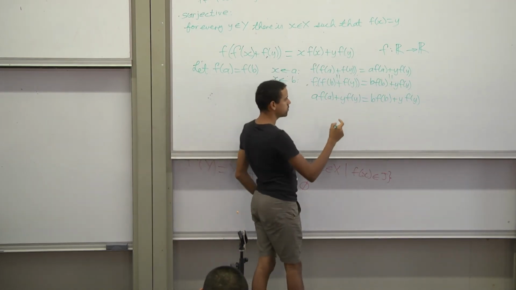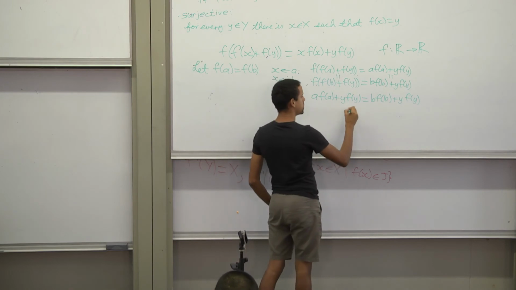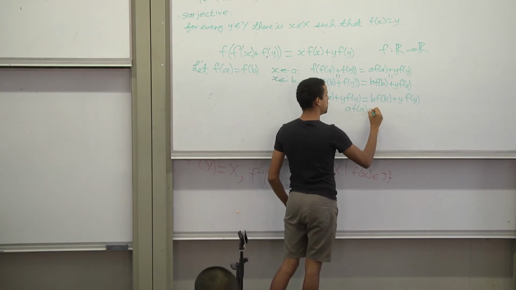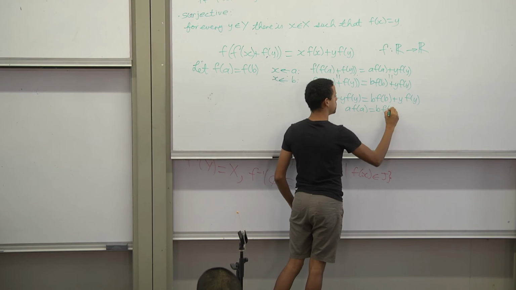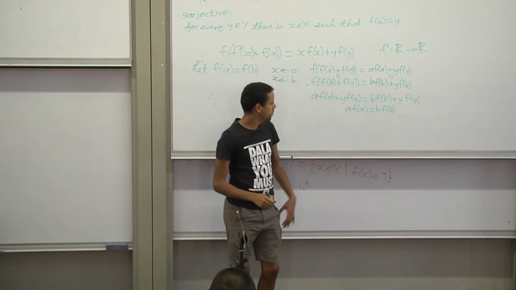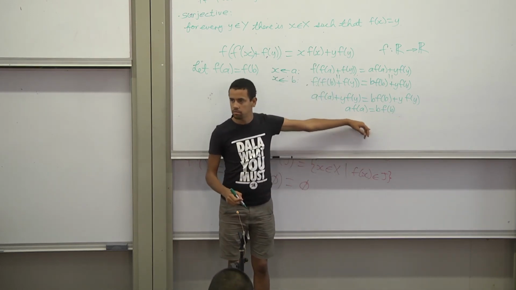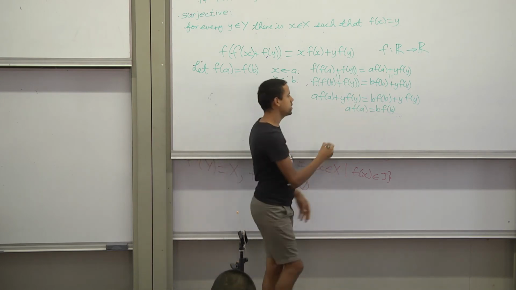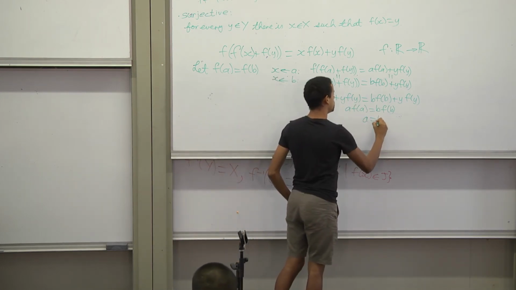And yeah, taking away y f of y on each side, a f of a is equal to b f of b. We know f of a is equal to f of b, so we can divide by that, and we get a equals b.